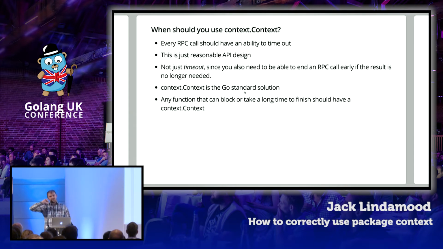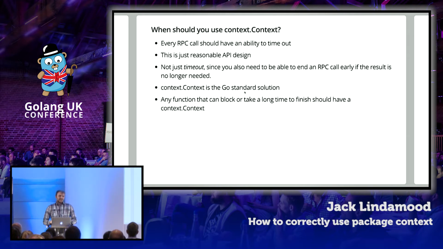So when should you use context? Stepping back from context a bit, I think we could all agree that any RPC call you make should have an ability to time itself out, right? Because if you're writing a library and it's part of an RPC call, it makes sense to give your user an ability to stop that call.